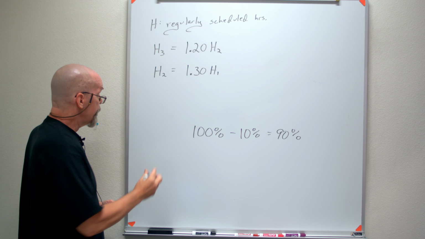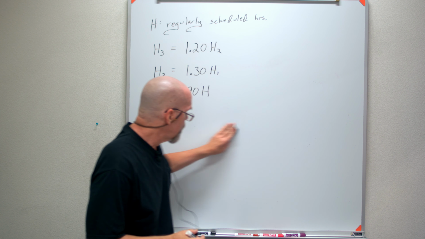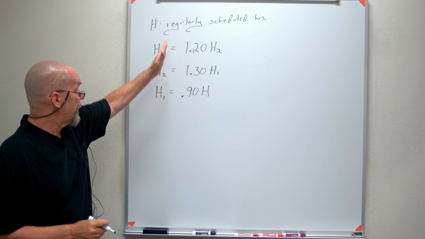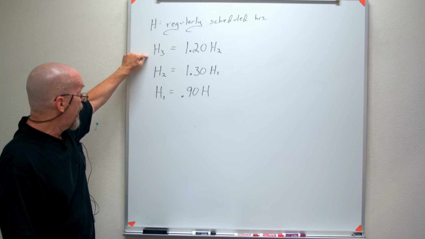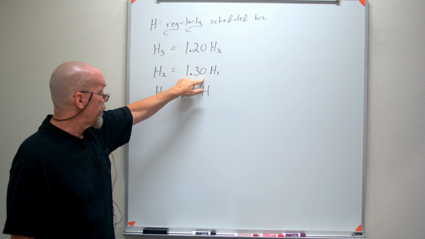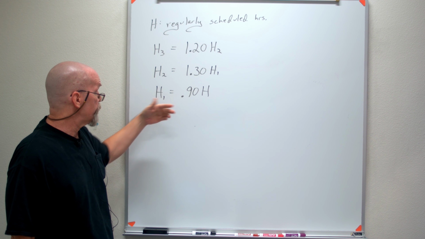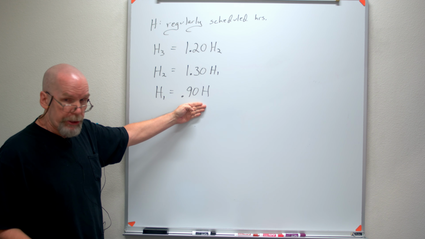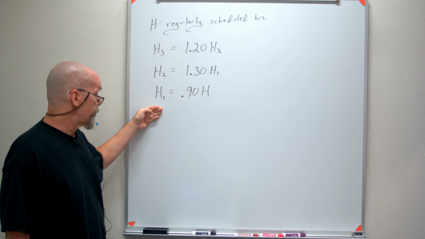So if we do that, we have this for the information they gave us. All the equal signs are the word is: hours in the third week, 120% as many or 20% more hours than she worked in the second week, etc. 30% more hours in the second week than in the first week, 90% as many hours, which is 10% fewer hours in week 1 than she was scheduled to work.